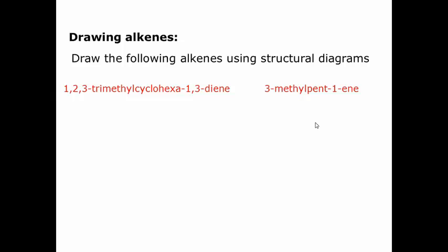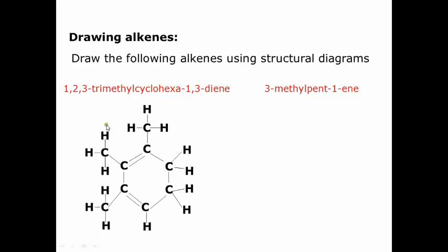Okay, so let's take up 1,2,3-trimethylcyclohexa-1,3-diene. That just rolls off the tongue nicely, doesn't it? So it's cyclohexa, so that's going to be a 6-carbon ring structure with double bonds at carbon 1 and 3. It doesn't matter where you choose to draw the double bonds, but wherever you do, that's going to decide how you number it. Okay, so in this case, I'm using a complete structural diagram.